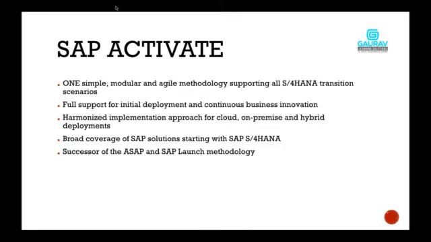Once you implement your SAP system, it doesn't mean that you are not going to do anything later on. There will be a lot of small projects that you will be doing in your organization. So SAP Activate will be used not only for the initial deployment, but also for continuous projects in your organization.